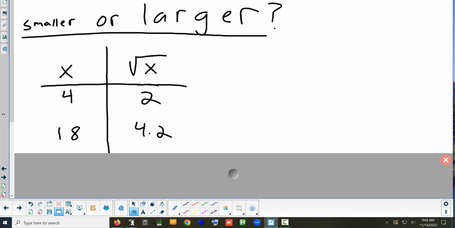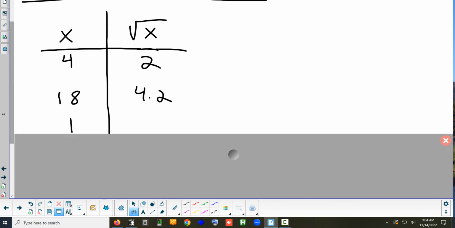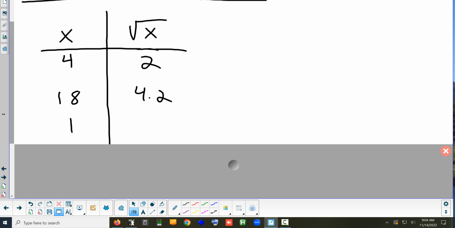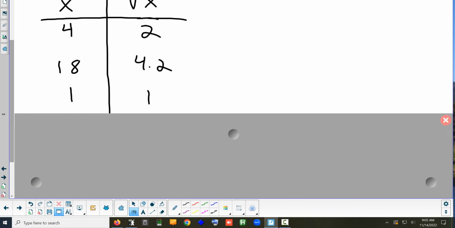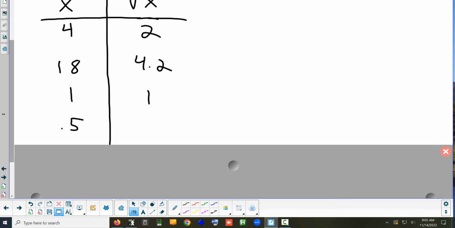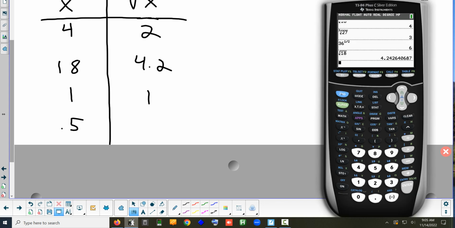Well, let's try 1. What's the square root of 1? 1. So maybe when you take square roots, it either stays the same or gets smaller. Well, let's try the square root of 0.5. Square root of 0.5 is 0.71.